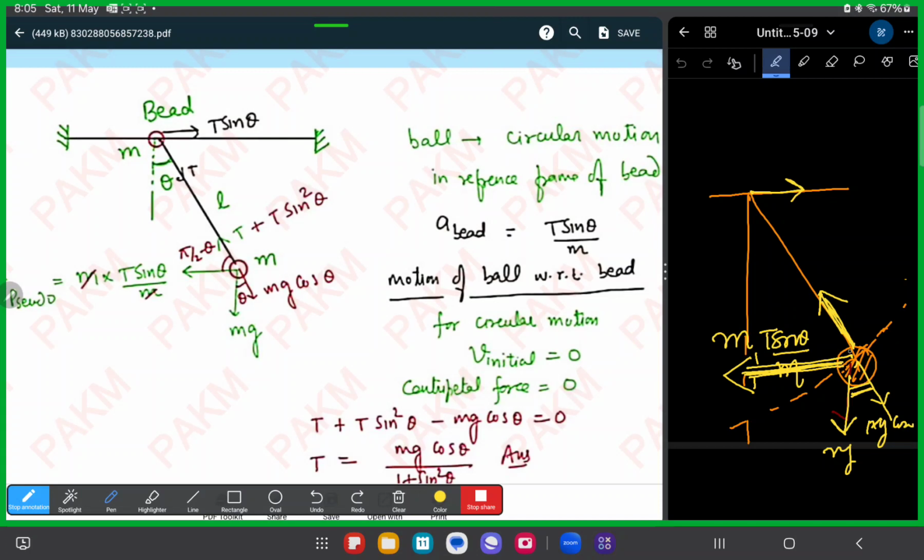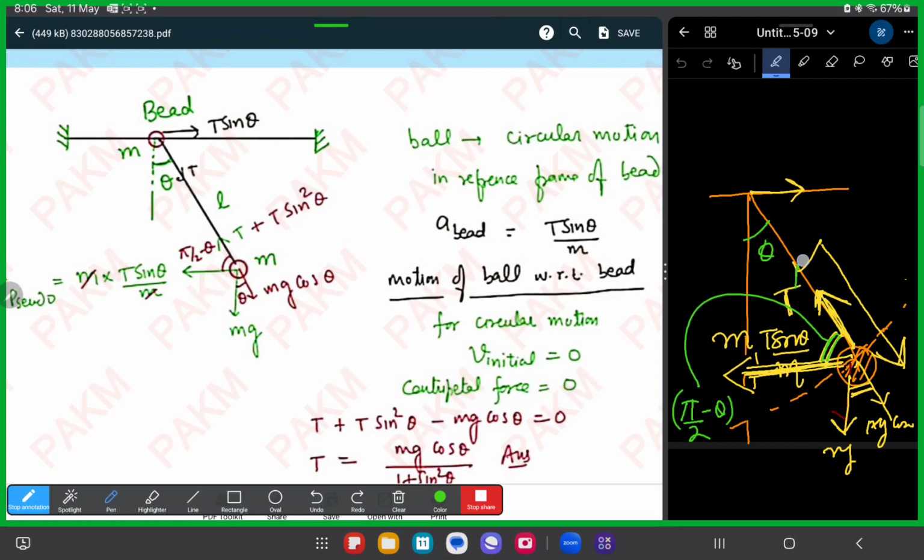So let's say this is T. If we make an equation along the radial direction, and take the component of this pseudo force, this angle would be pi by 2 minus theta, because this is theta, this is 90, then this is 90 minus theta.